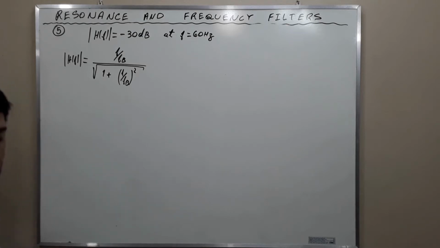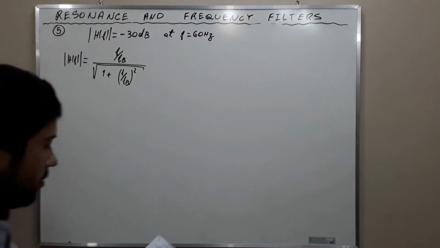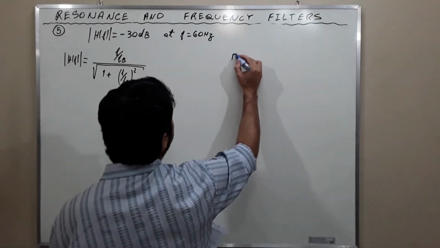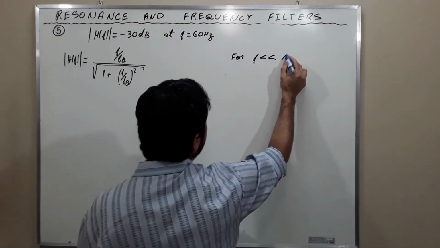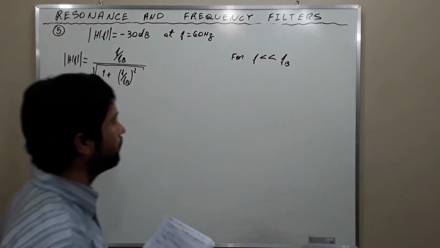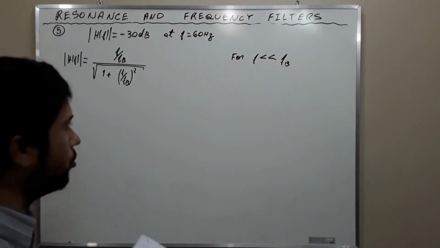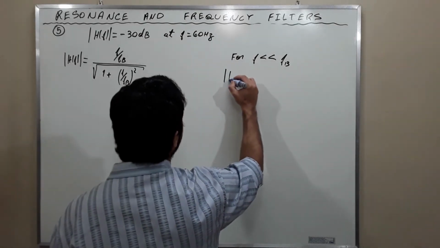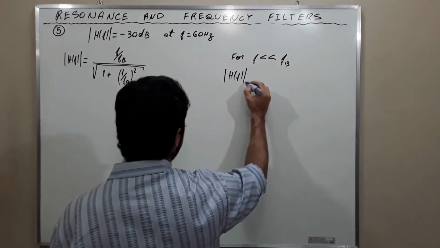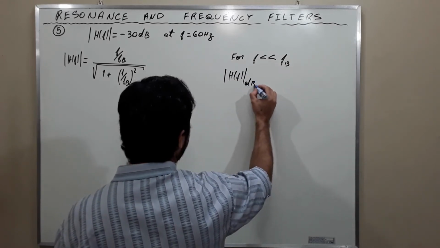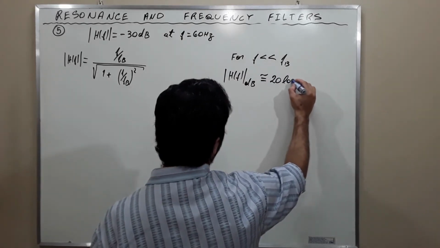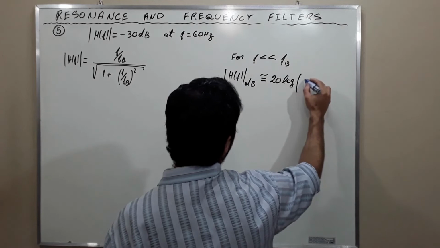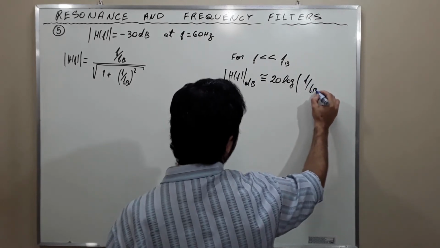You can check this in a reference textbook of electronics, and you're gonna discover that for f much lower than fb, this holds true. The magnitude of the transfer function in decibels is approximately equal to 20 times the logarithm of f over fb.